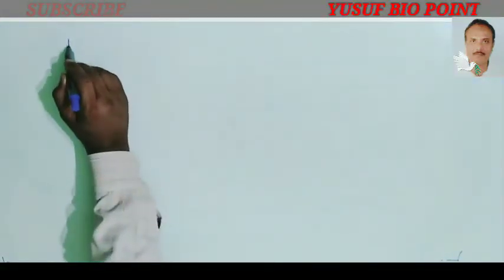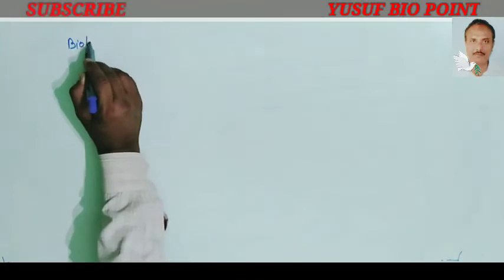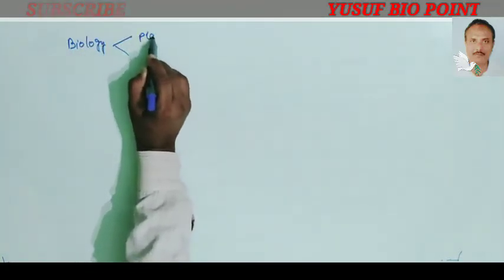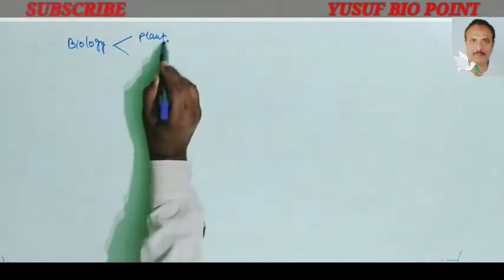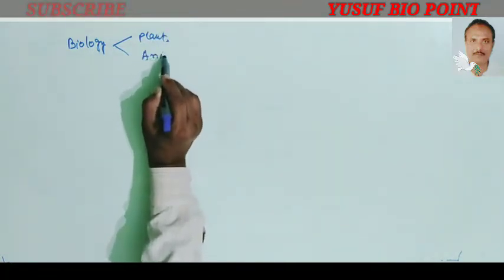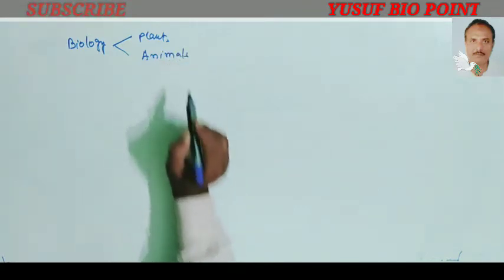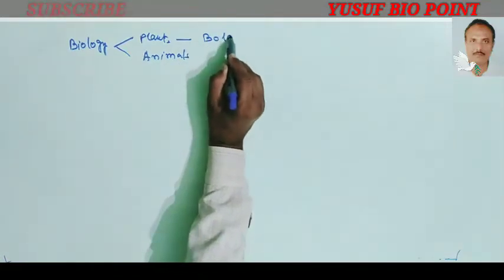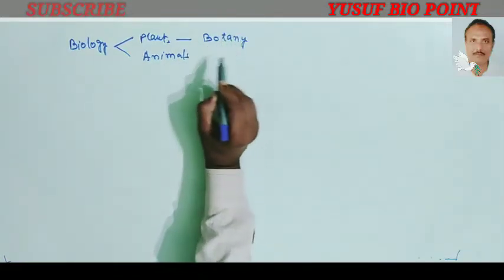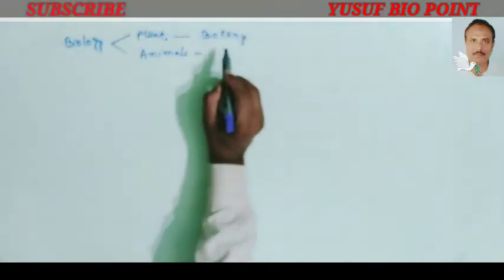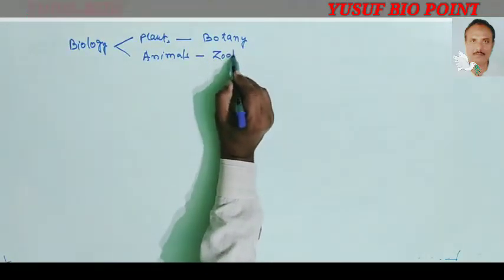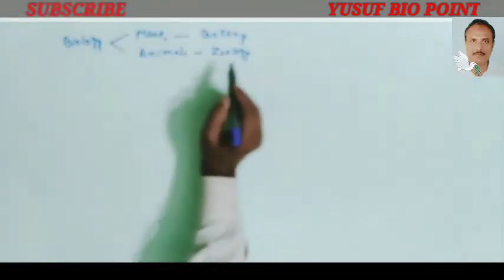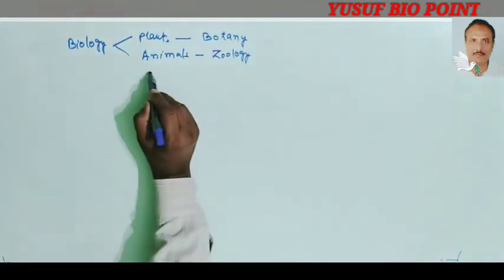In biology, we study about plants and animals. The study of plants is called botany, and the study of animals is called zoology. So cells are also of two types.